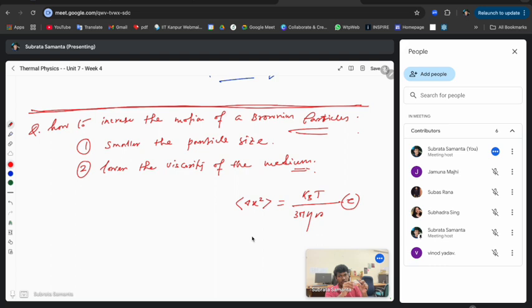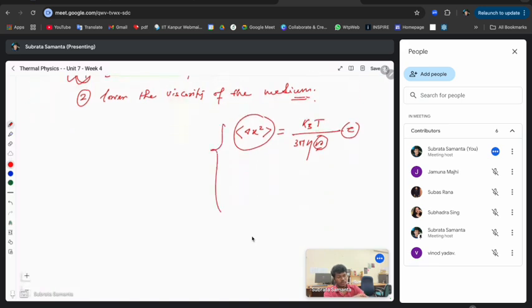So if we reduce the particle size, that means you reduce the radius r, and that increases delta x squared. If r decreases, the average delta x squared value increases, provided the others are fixed.